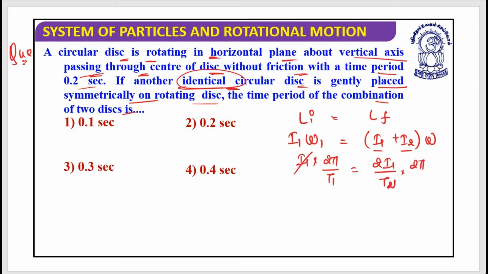So the 2 pi cancels, and T2 should be equal to 2 into T1. It will take twice the time as compared to the previous one. This is 2 into 0.2, which is 0.4 second. I hope this is clear.